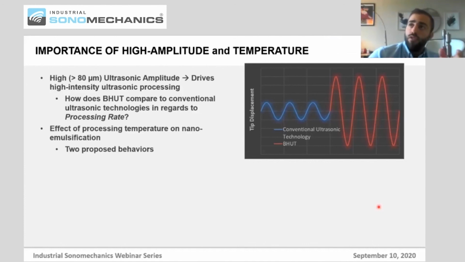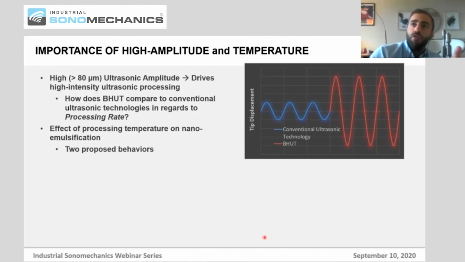So we did several studies where we performed the nanoemulsification at low amplitude to correspond to the maximum achievable amplitude by conventional ultrasound at scale. And we did studies, or we projected studies, at the maximum achievable amplitude by BARBELL HORNO ultrasonic technology. And we compared the processing rate between these two, or the productivity, or how much nanoemulsion I can make in a given period of time.